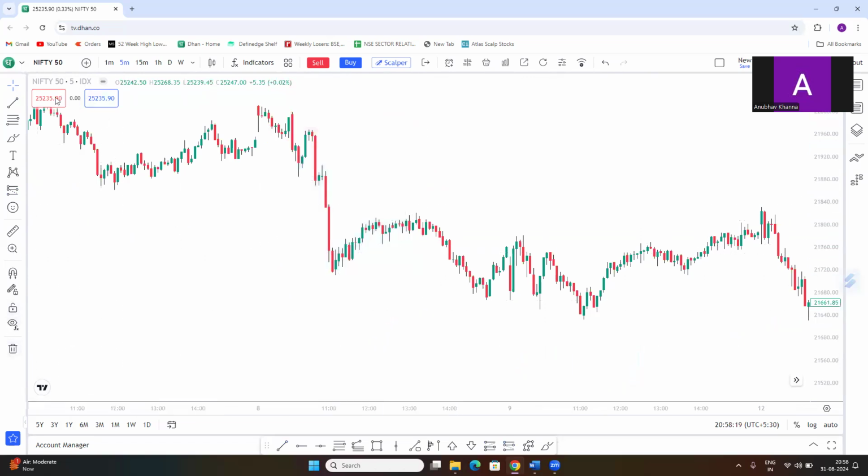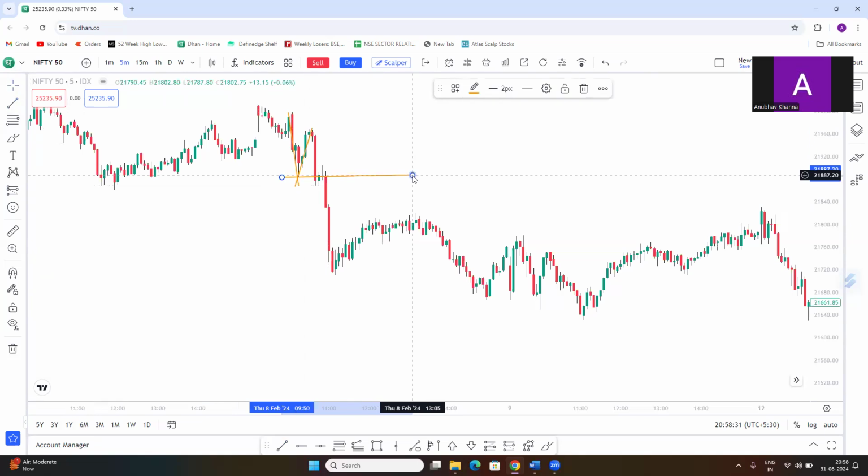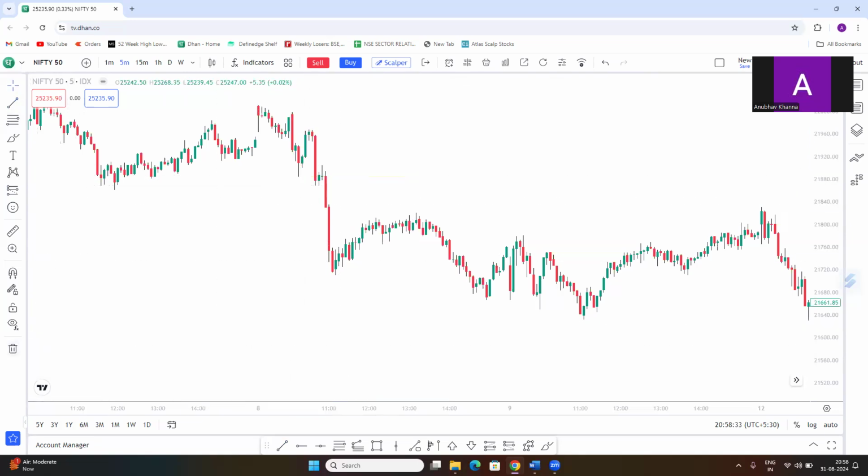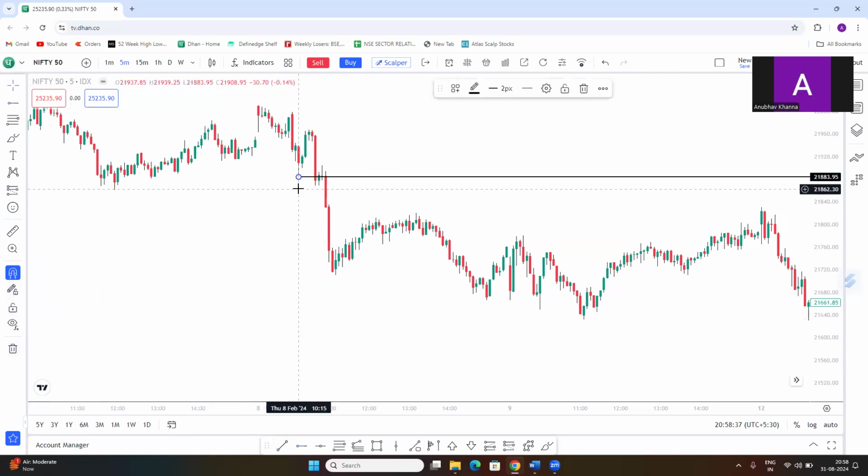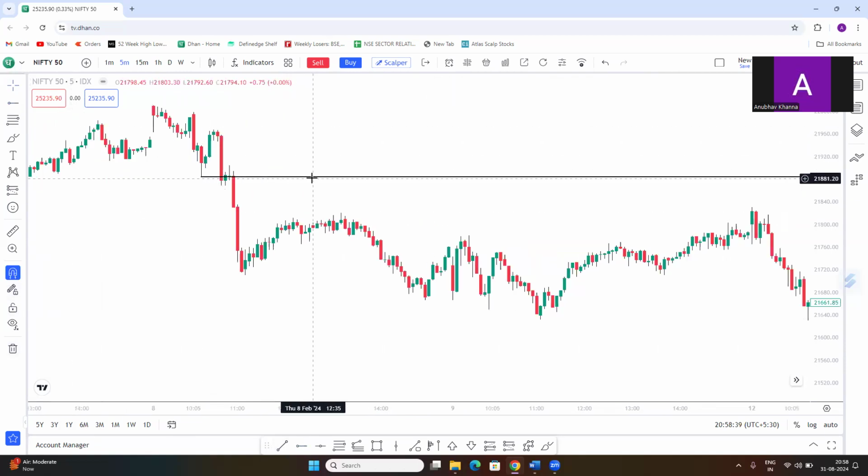If you miss this, see this: one, two, three. Prices are falling with three candles continuously, and a jump came, and again prices broke this. Now let me delete it. Let me do it in this way. This is a swing. Prices broke, but we do not have any green candle.